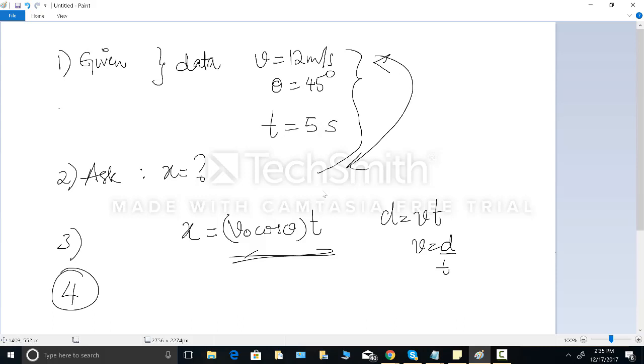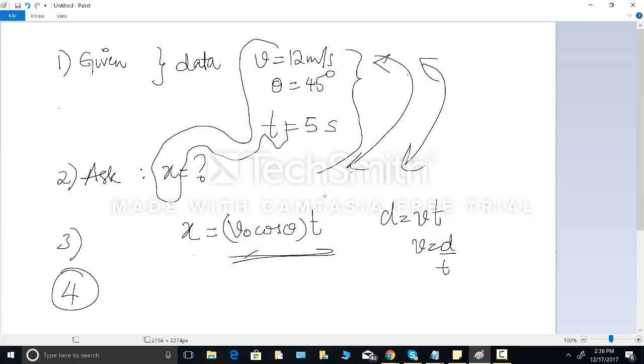In your 3rd step, when you're trying to find the connection between 1 and 2, you might not find one formula that relates all the variables in 1 and 2. In such a case, you'd have to use an intermediate formula that gets you to a 2nd step, and then from there work towards the answer. So that's a breakdown of the 4-step method, or the 3-step method, depending on how you look at it. It usually works for a lot of physics students, and works in a very general way.